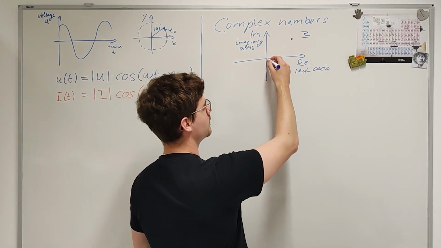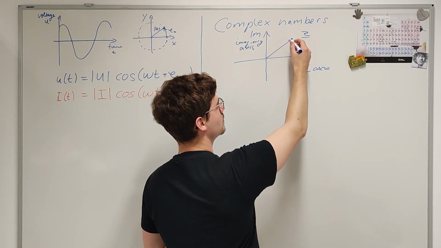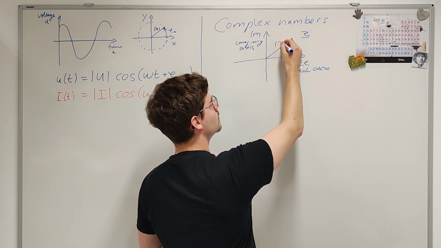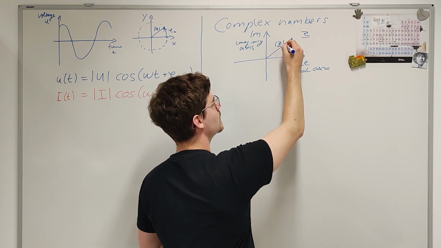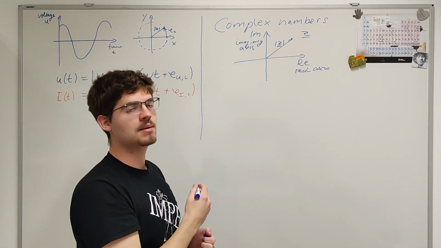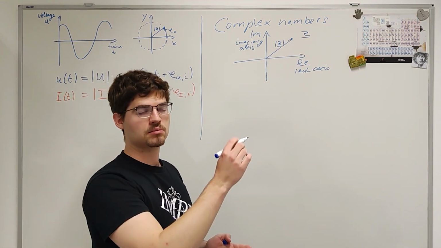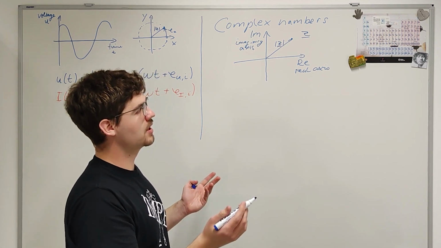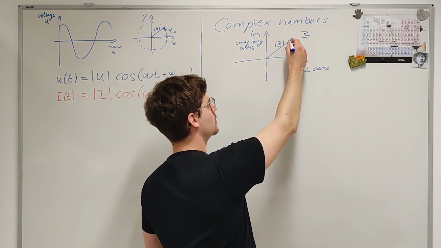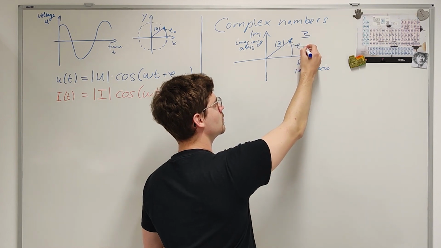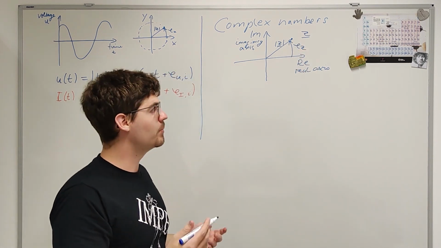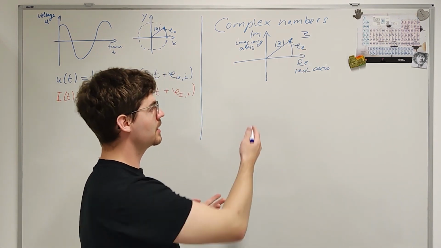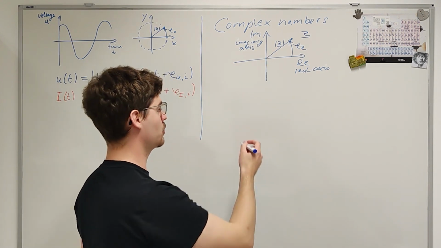And it is with a distance from the origin, which is the magnitude of the complex number, and with a phase angle, under which it is with regards to the real axis. And in complex numbers, we can write them, if they have this form, with the following equation.